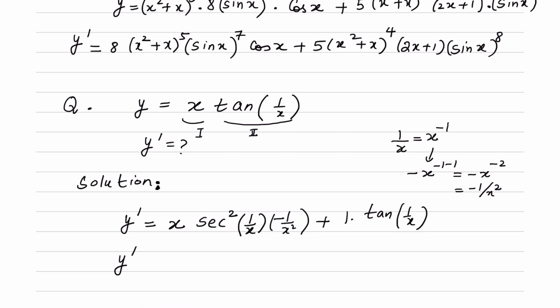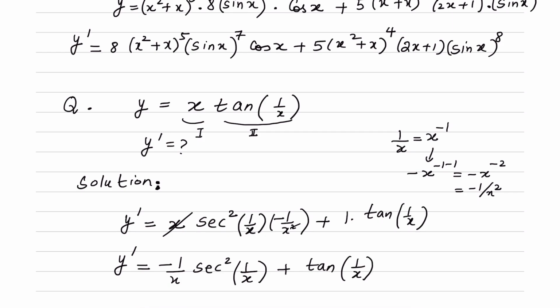Let's simplify this expression. So we have this x cancels out with this 1 over x, and we have minus 1 over x secant square 1 over x plus tan 1 over x. And we are done here.